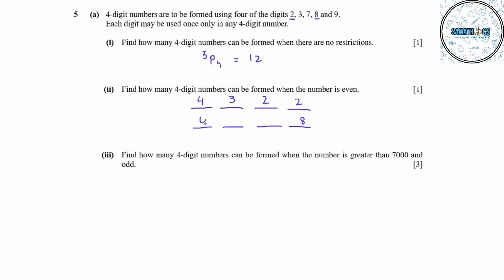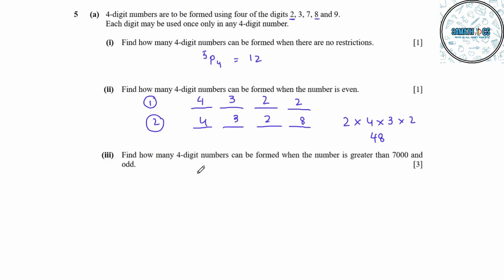So we will be multiplying 4 into 3 into 2, and we have 2 cases for the last digit, so we multiply by 2. 2 multiplied by 4 multiplied by 3 multiplied by 2 is 48.